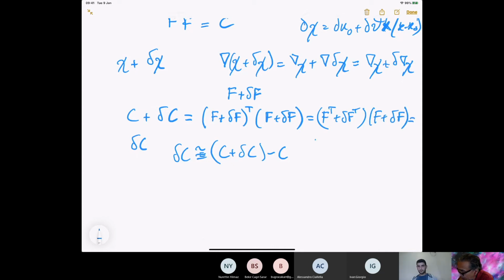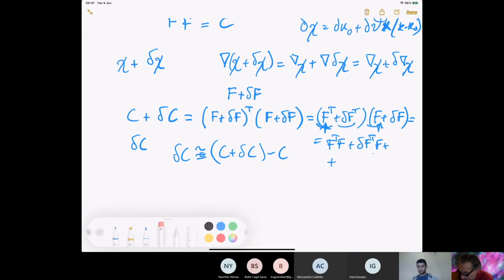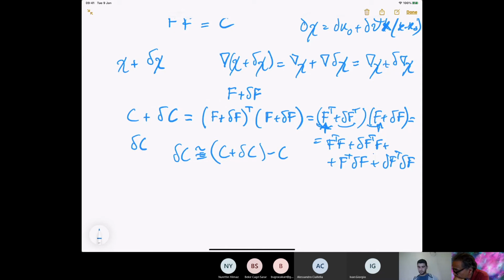Doing this times that: F transpose F, plus delta F transpose F, plus F transpose delta F, plus delta F transposed delta F. Okay?